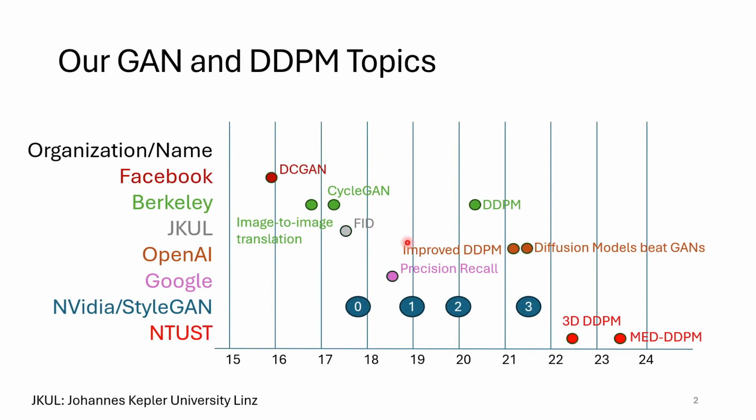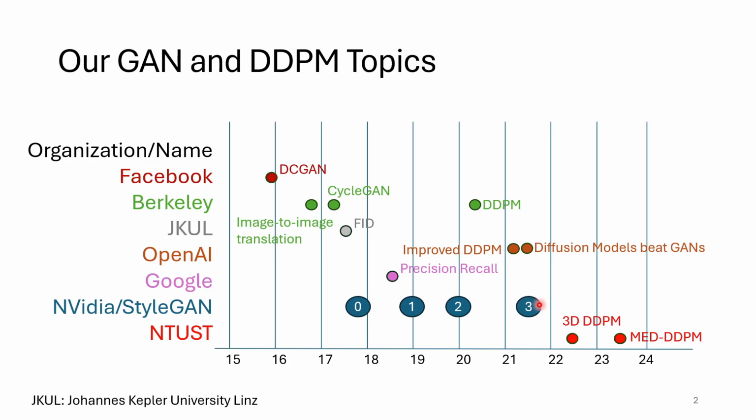After the improved DDPM, the same two authors, Nichol and Dhariwal, a few months later published a new paper called Diffusion Models Beat GANs. This is a very, very important paper because from this paper, the researchers of generative methods soon got a hint.